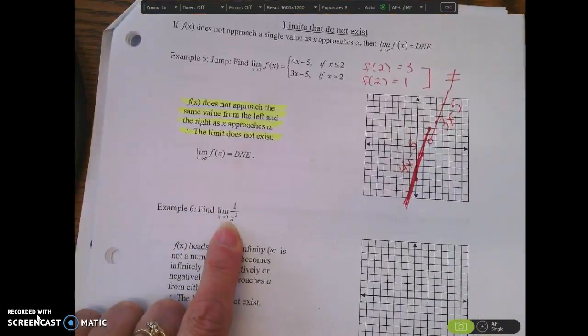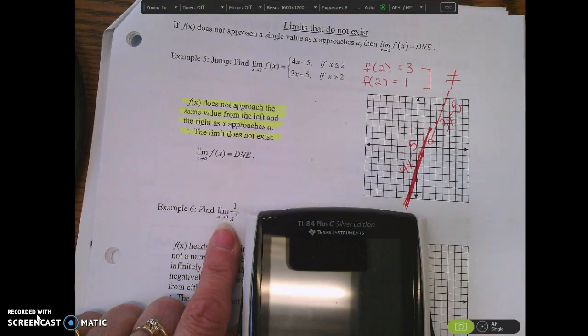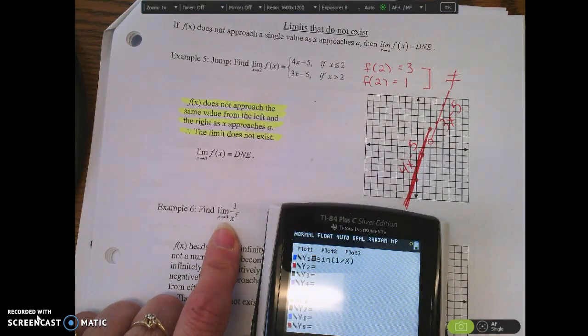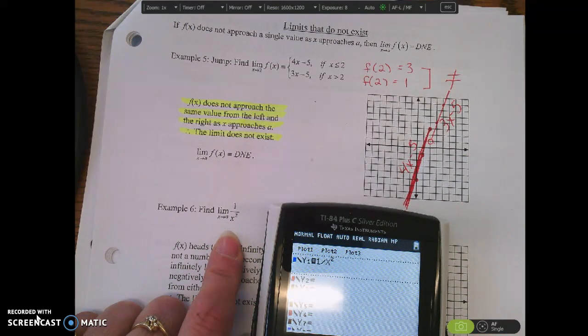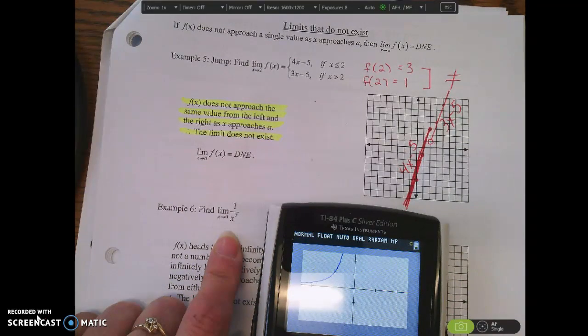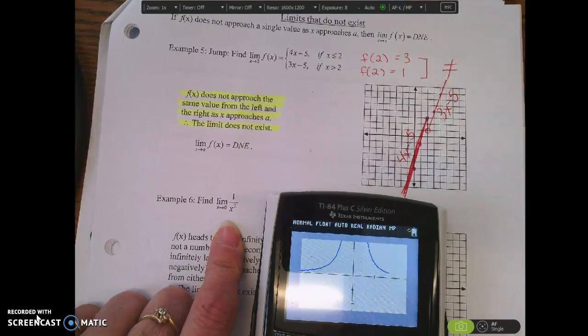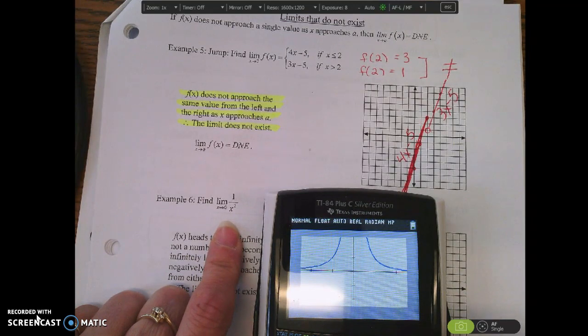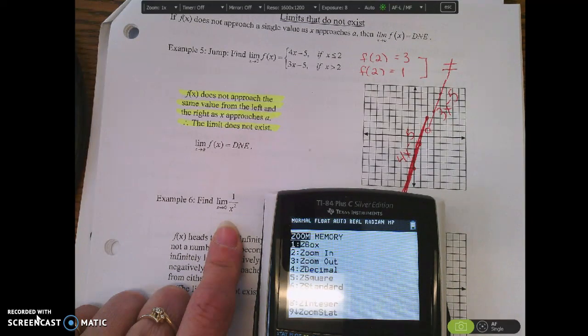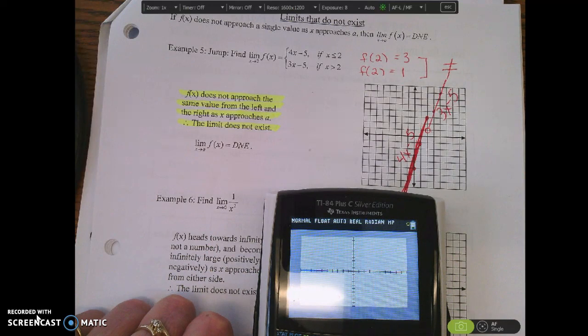All right, this one. If you go into y equals and type in 1 divided by x squared and graph it, my graph right now has been zoomed in, so I'm going to wait for it to graph. I'm going to put it back into the standard window, zoom 6, so you can see a little bit more of it.